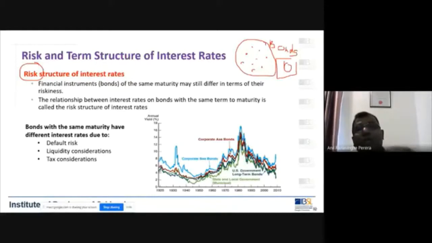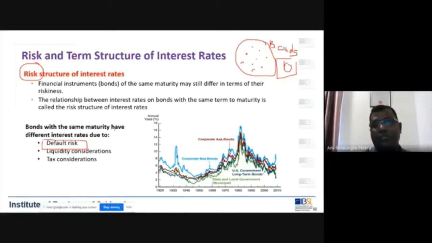So how can we observe these differences in risk? There could be various reasons. Now, in finance theory, at least 3 reasons are identified for different risk levels. Among them, the most important reason is the default risk. Default means the possibility that the borrower will not pay.